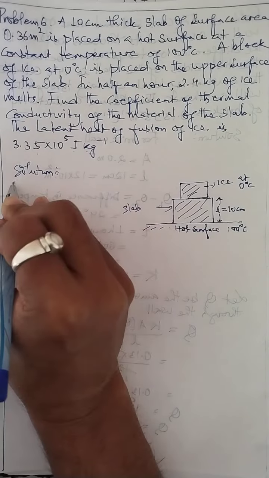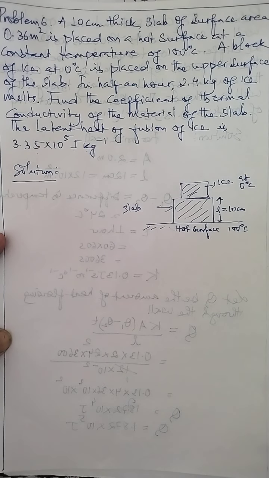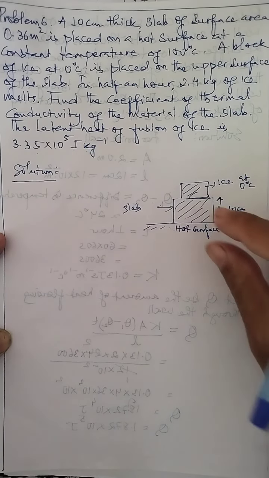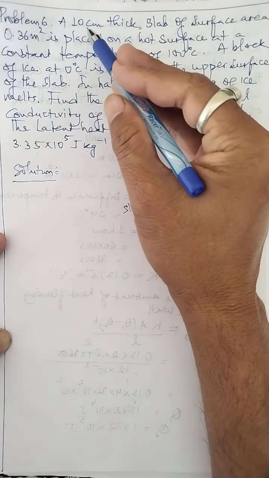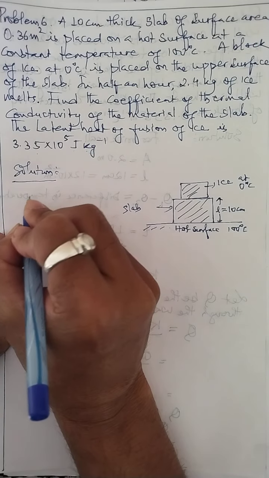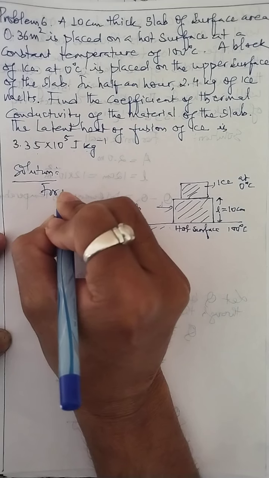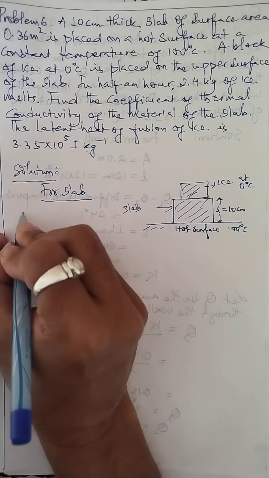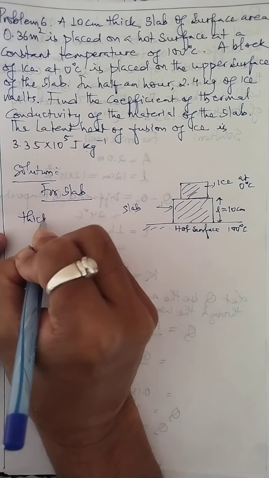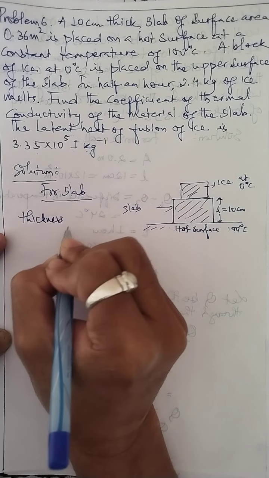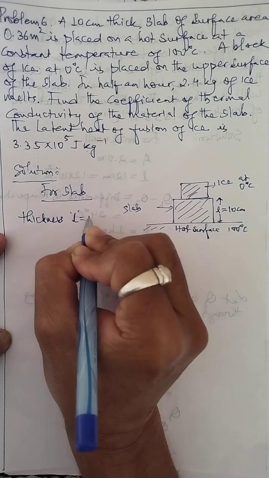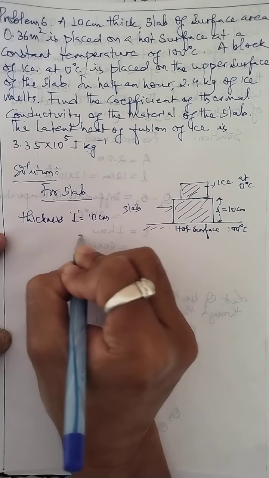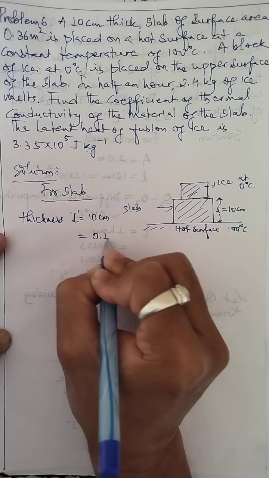This question is also based on the expression of the coefficient of thermal conductivity. The slab thickness is given as 10 centimeter, and we mark thickness by the letter L, so 10 centimeter can be written as 0.1 meter.